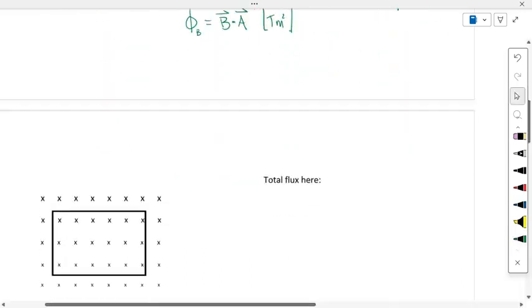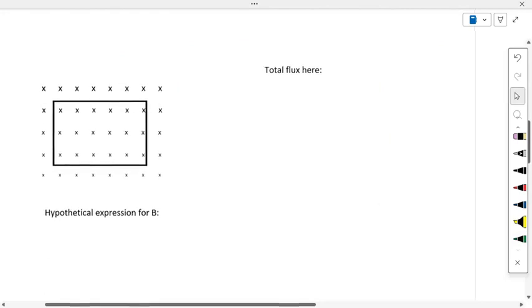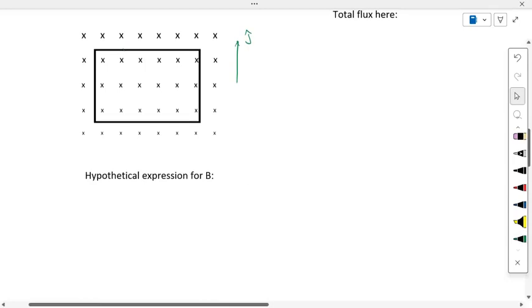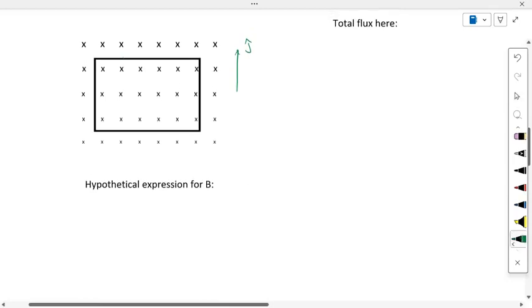All right. Here's a case where we've got an enclosed, well, it's not a loop, it happens to be a rectangle, and we've got a field that varies along, let's call that the j hat direction. So maybe there's a hypothetical expression for B?